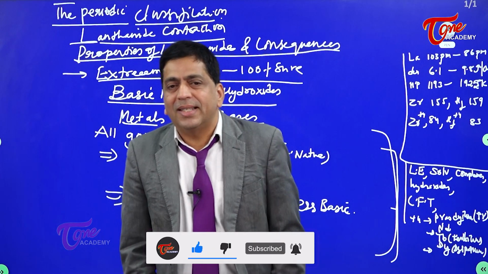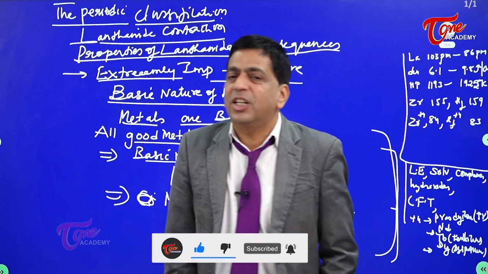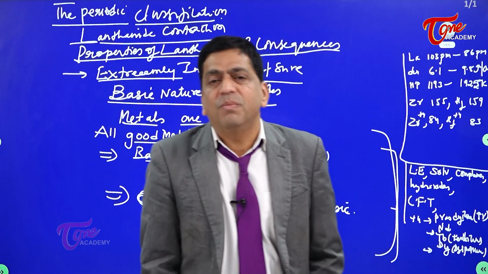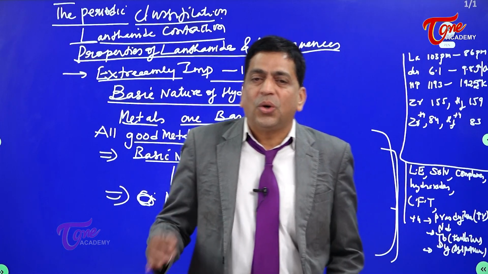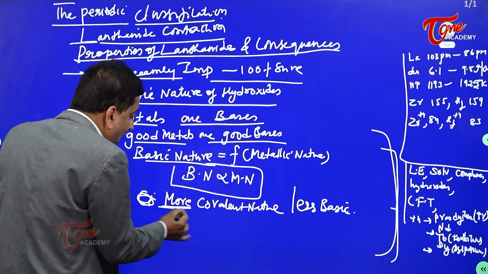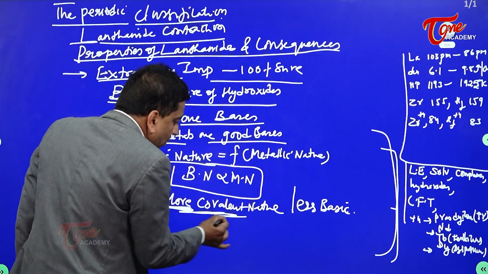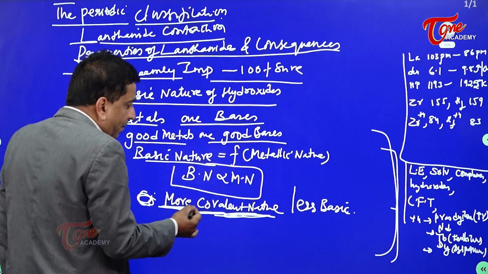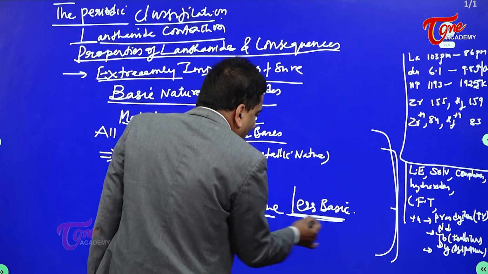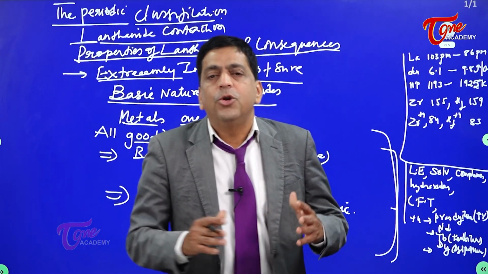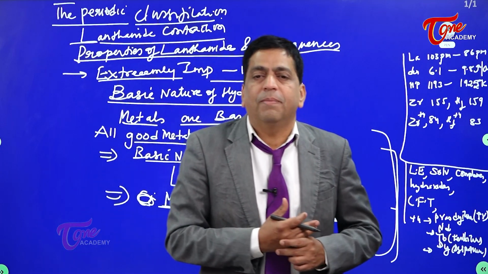Because all non-metals are acidic and non-metals are placed to the extreme right of the periodic table, and from left to right the size decreases. You must understand this, right? So basically this is the critical point which I would like to say. More covalent nature, you are less basic, because more covalent nature is found in more non-metallic nature.